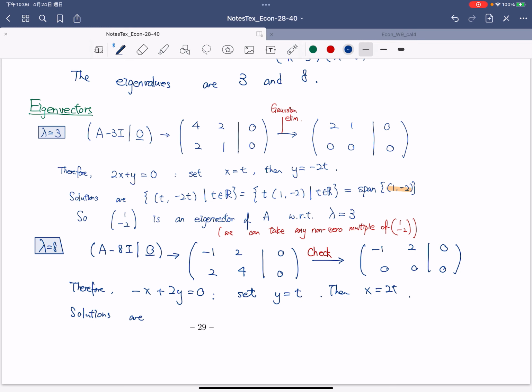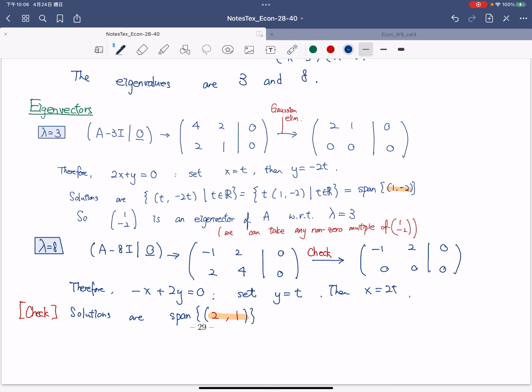It turns out the solutions are given by the span of (2, 1). I will let you check, okay? Check. And therefore, an eigenvector in this case is given by (2, 1).